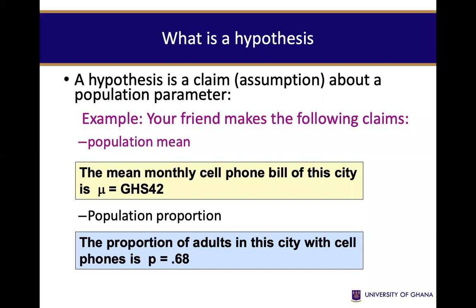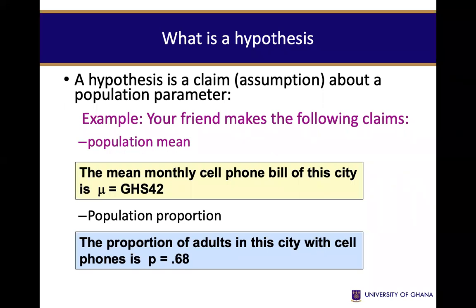Most of the times we make claims, and these claims are very emphatic claims about a certain population. And when we want to prove or test our claim, we mostly want to use a sample data to test our claims, right?